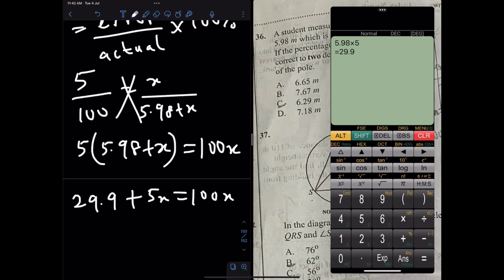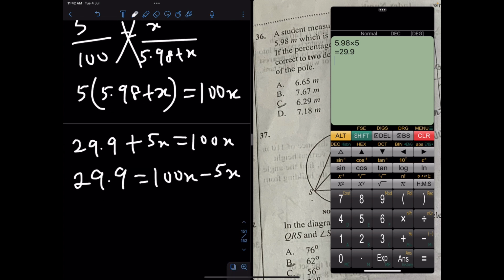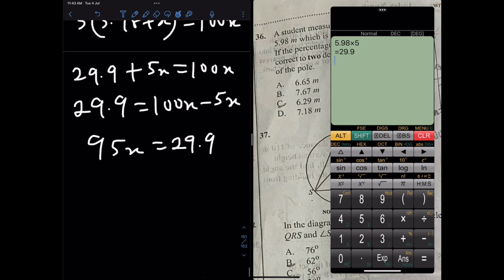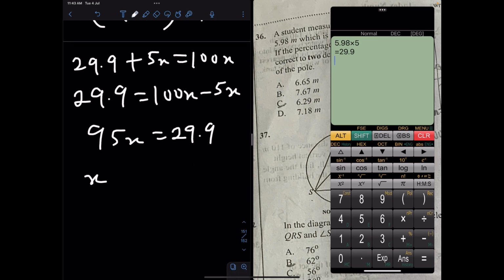That simply means 29.9 equals 100x minus 5x, so 95x equals 29.9. Dividing both sides by 95, x will be equal to 29.9 divided by 95, and that's equal to 0.3147. And that means the error is equal to 0.3147.